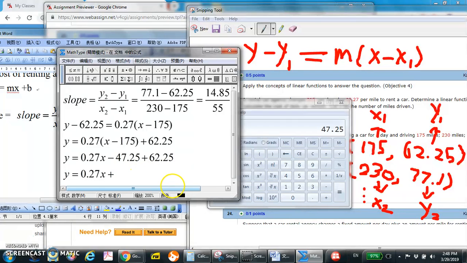We'll have the answer. So this is our linear function.